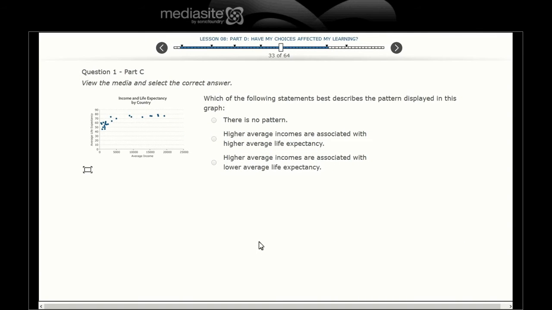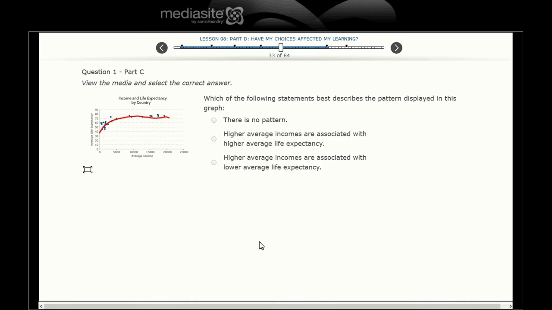So let's see. Next question. Which of the following statements best describes a pattern displayed in a graph? There is no pattern? Definitely a pattern. Higher average income are associated with higher average life expectancy. Yes.